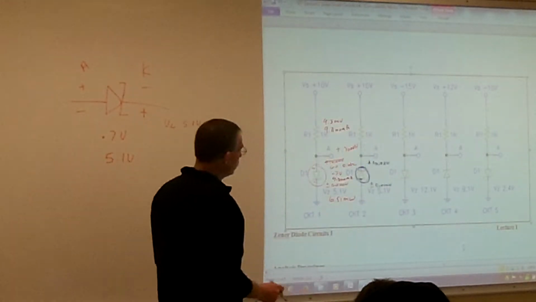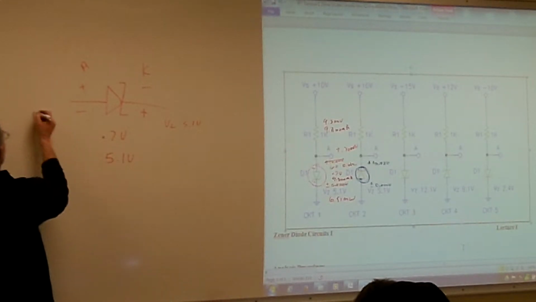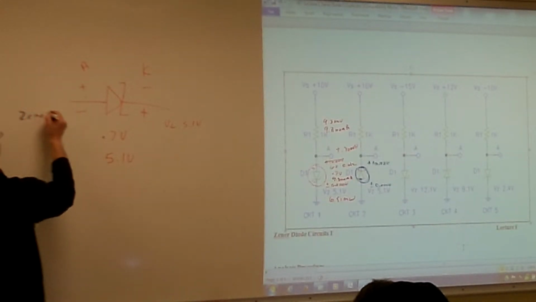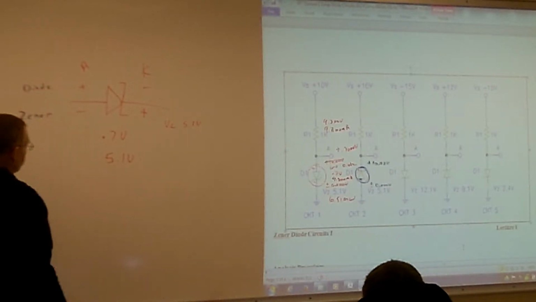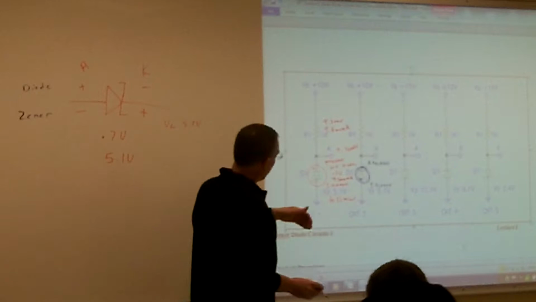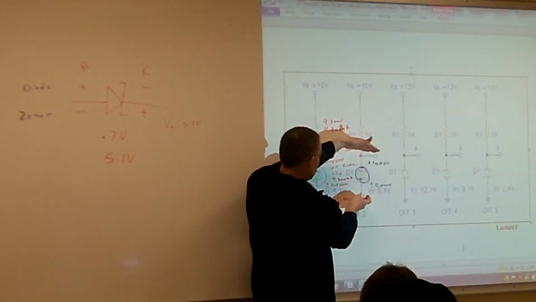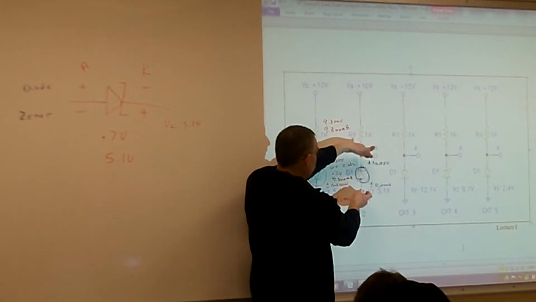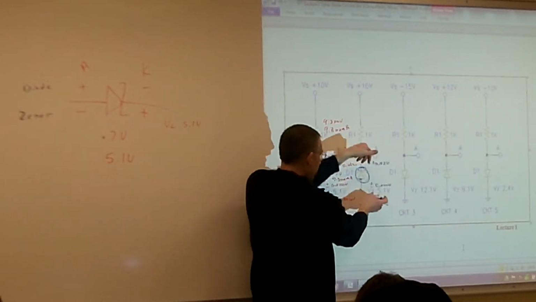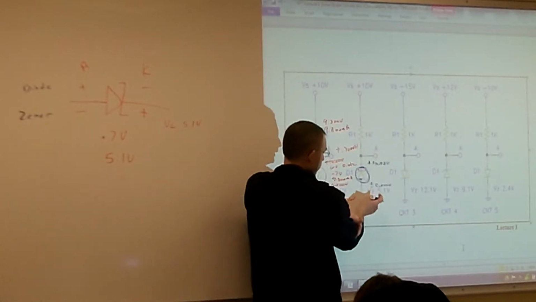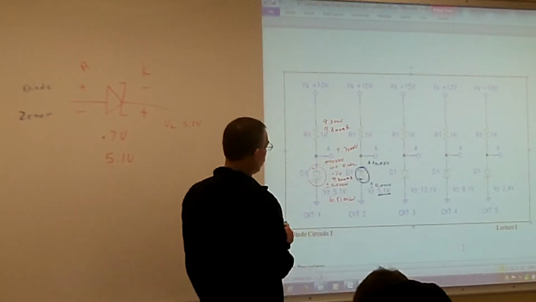Here's our Zener operation and our diode operation. We already identified that if we have enough voltage potential from our cathode to our anode, we're going to be in a Zener operation, but we have to make sure our voltage potential is greater than 5.1 volts.